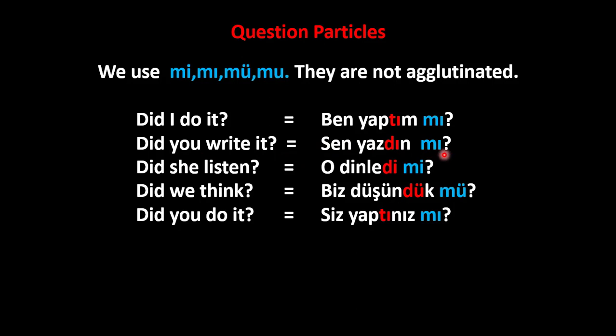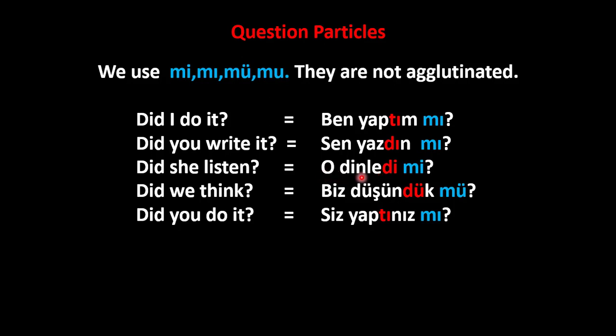Did you write it? Sen yazdın mı? Yaz is the verb stem. D here is also the past tense, N is the person, and M is the question particle. Did you listen? O dinledin mi? O is of course the pronoun.